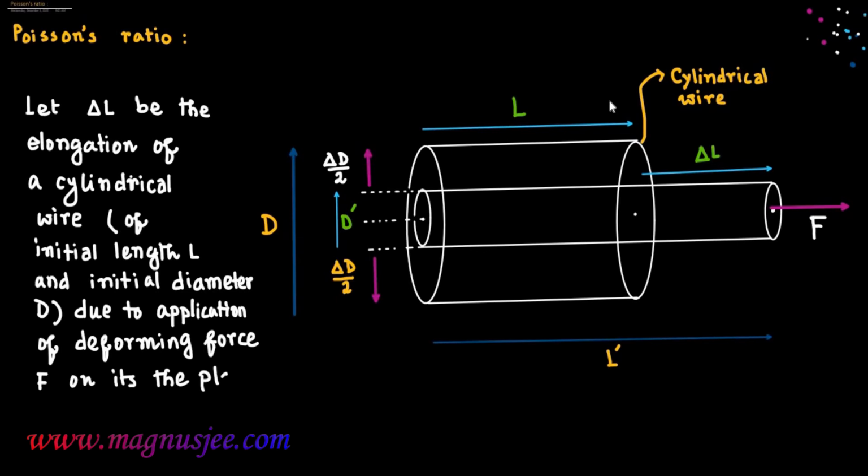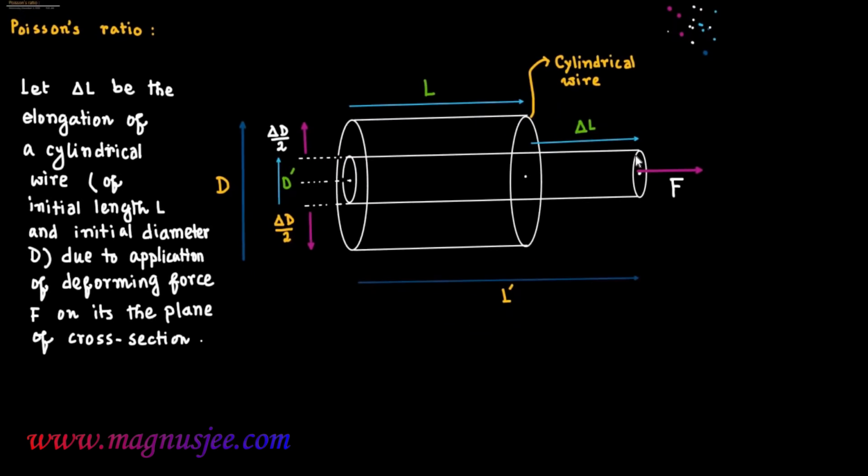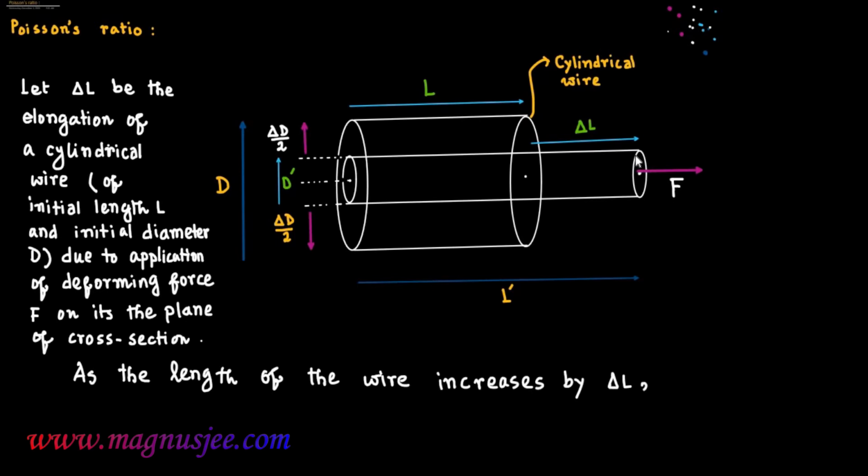on its plane of cross section normally. Delta L be the elongation of the cylindrical wire due to application of a deforming force F on its plane of cross section, as the length of the wire increases by delta L, delta capital L. Its diameter also decreases.